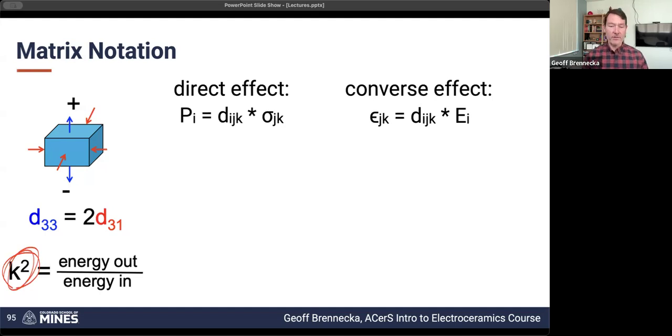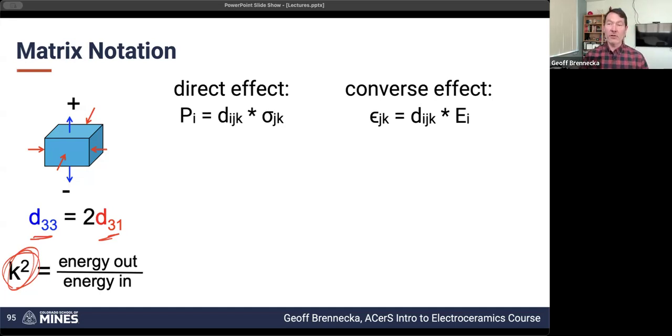And so a lot of times you will see in spec sheets for materials or for the actual devices, you'll see the D33 value, you'll see a D31 value, you may see a D15 value. These are the kinds of things that are reported. And then K-squared is another one that is really just the efficiency of that conversion.